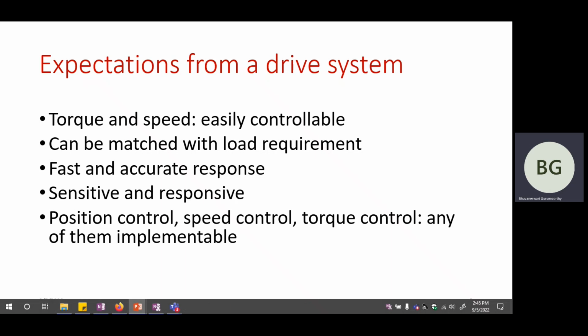So it goes without saying that the stimulus in a motor is voltage or current. So those have to be adjusted to obtain appropriate amount of speed and torque, and hence move the mechanism in such a way that correct position is occupied by a particular load. So these are all very important. Unless we are able to implement any of these control mechanisms, your drive becomes really useless.